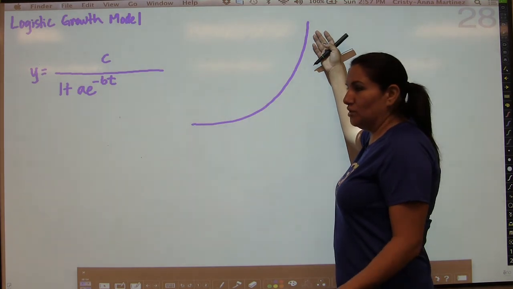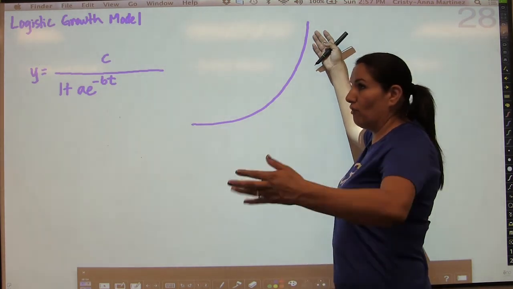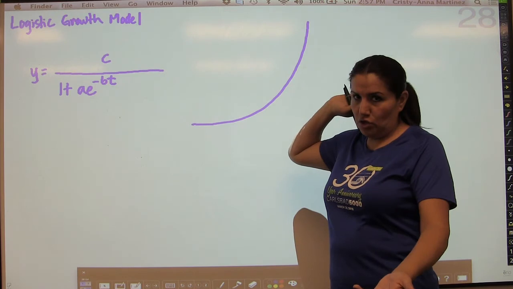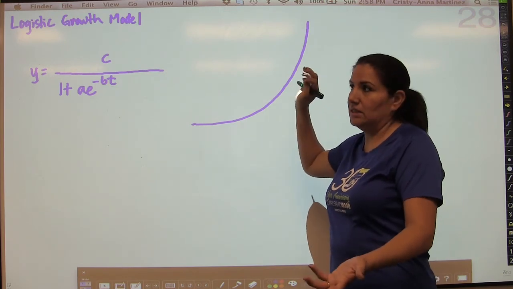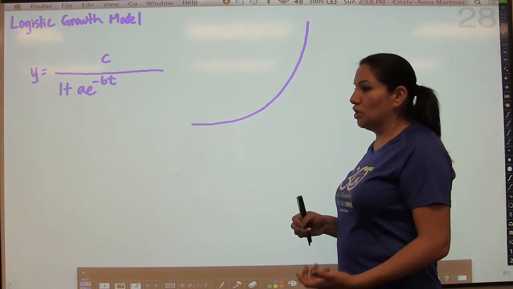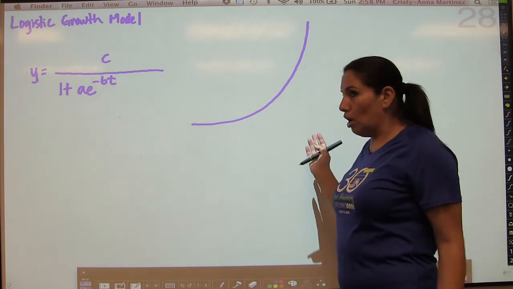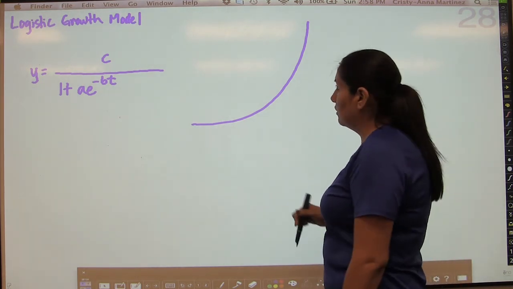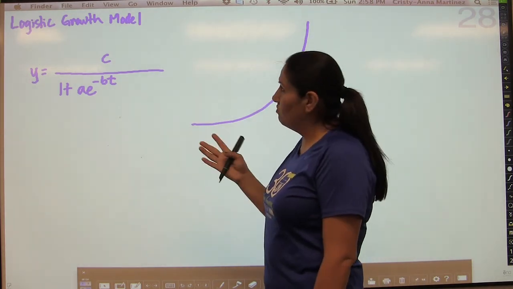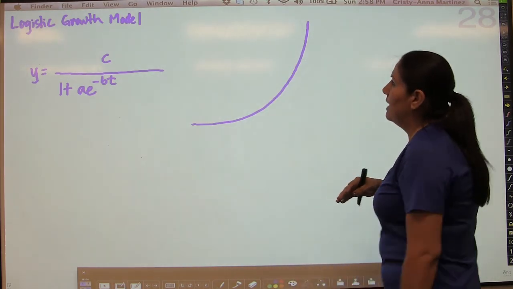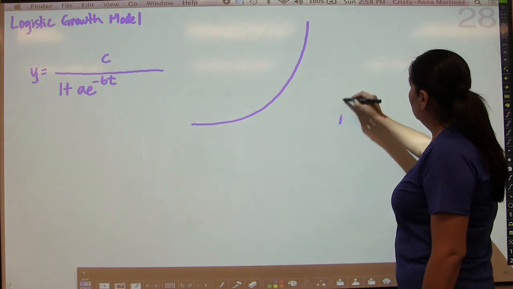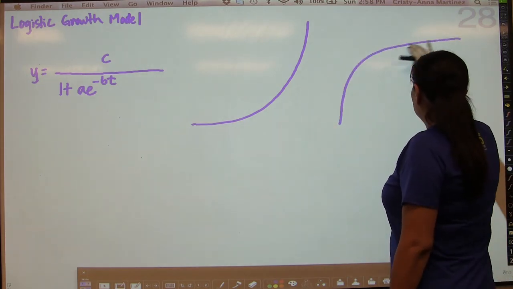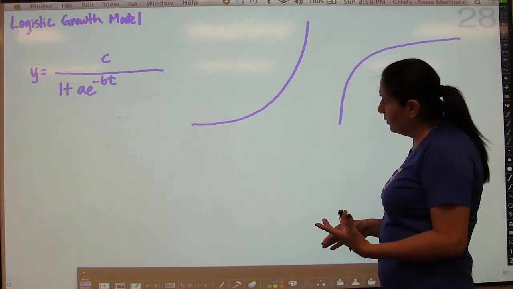And if I were to ask you if Georgia's population was going to grow forever, I'm pretty confident that you're going to understand that that's not the case. Populations don't just grow indefinitely; they tend to taper off. And so the logistic growth model actually has more of a shape like this, and it tapers off. So it's a better model for population.